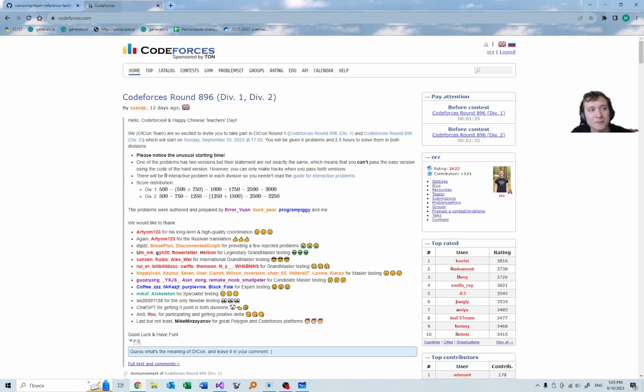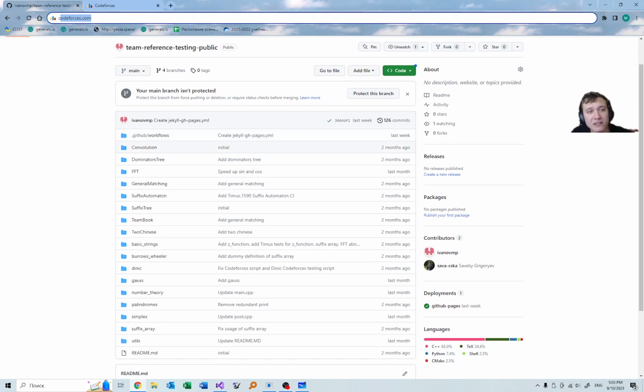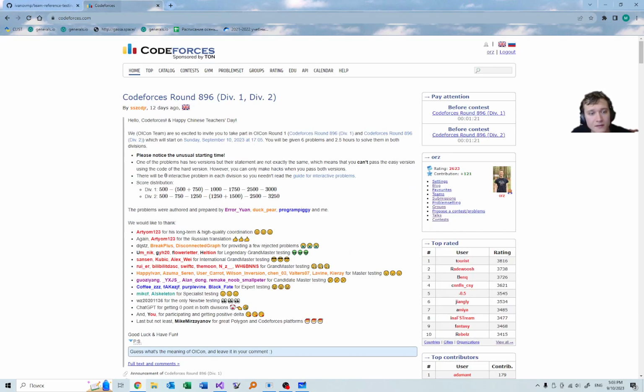Also, I have something prepared here. I have my team reference for ICPC. So there are several algorithms here which are pre-written. There are also a lot of algorithms which are not pre-written. So if we need, for example, segment tree, I will have to do it on my own.